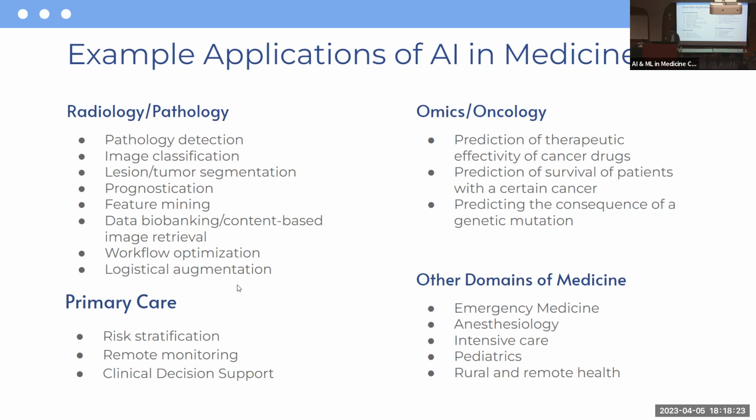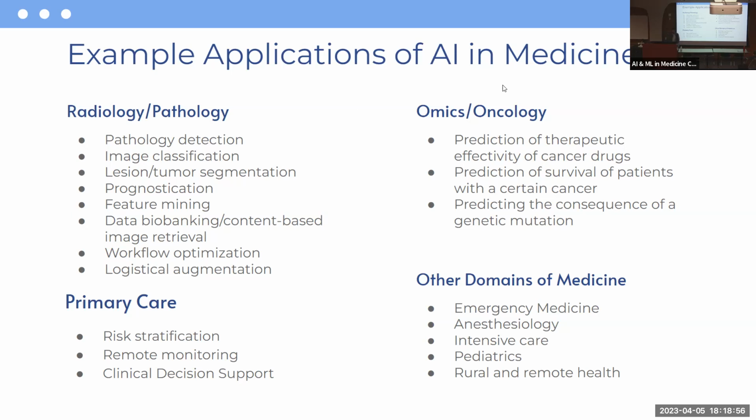AI is used in pathology detection, image classification, segmentation of tumors, any sort of prognostication, feature mining, data biobanking, workflow optimization, and logistical augmentation. And then in omics and oncology, Bahare told you about this: prediction of therapeutic effectivity of certain cancer drugs, prediction of survival of patients with a certain cancer, and predicting consequence of a specific genetic mutation, which is actually used a lot in research right now.